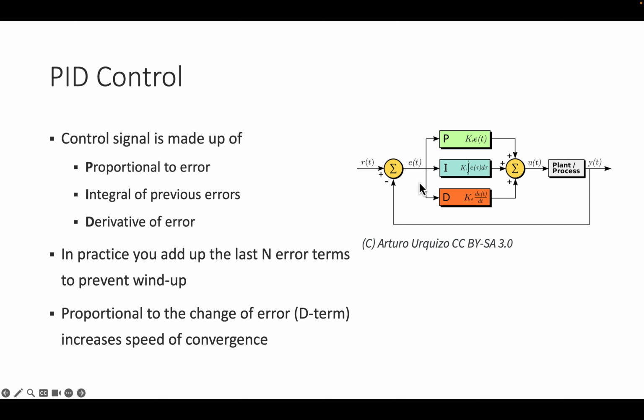At the same time, you want to speed up the controller to get to the desired result, and so you say the further I'm away from my target, the faster steps I can go. As the error is changing very little, you add very little to your control input, but in the beginning, as the error is changing quickly, you can move in much faster steps. So what you get is an increased speed of convergence and no steady state error.